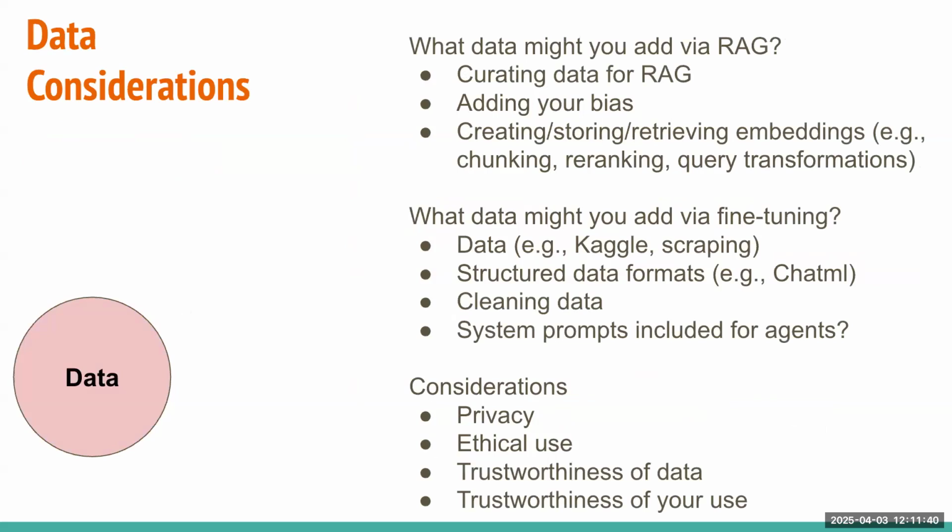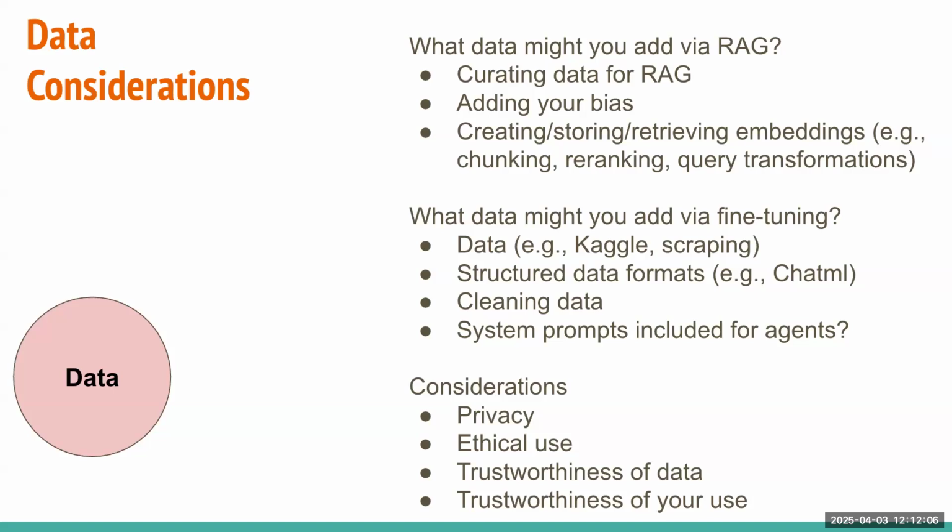When you get to data, if you're going to be using data to RAG your models, you want to think about curating that data, and what types of biases you might be adding to your model. And of course, how are you going to store that data that you're adding to the model? Whereas if you're fine tuning, you also have to think about similar issues.